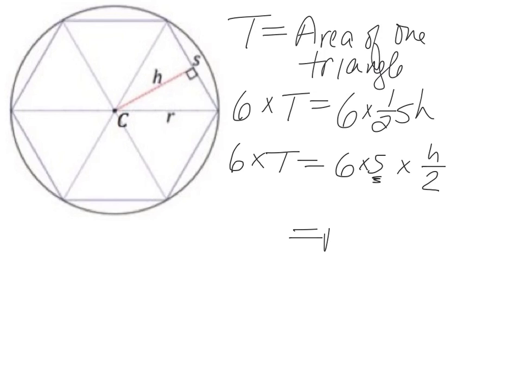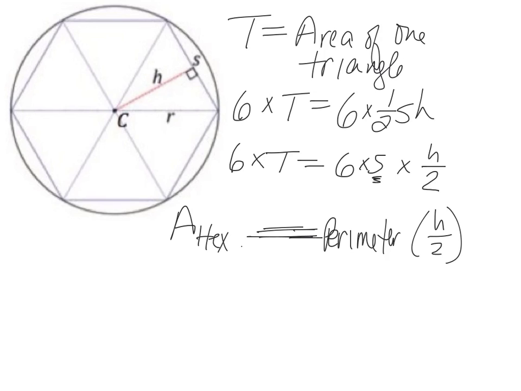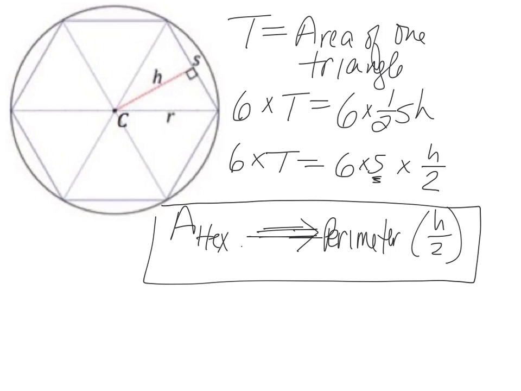So that equals perimeter times H over 2. So that is the area of my hexagon. The area is the perimeter times the height of the triangle over 2. Sort of interesting, right?